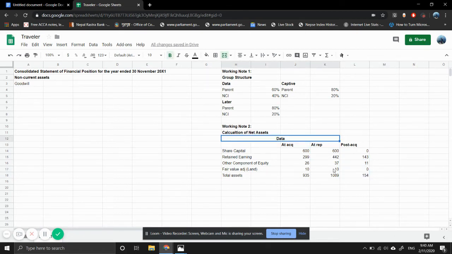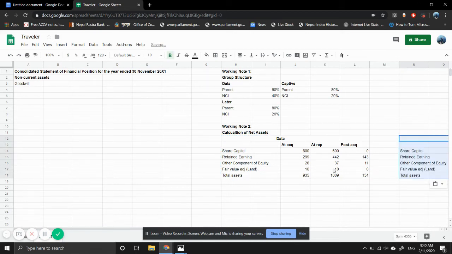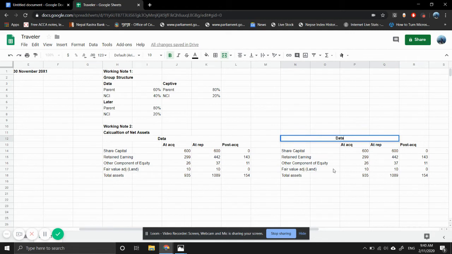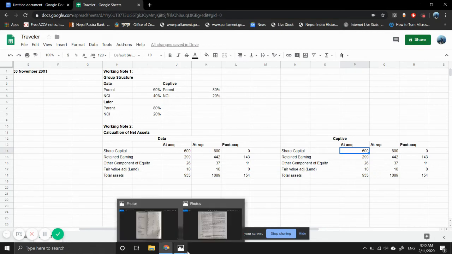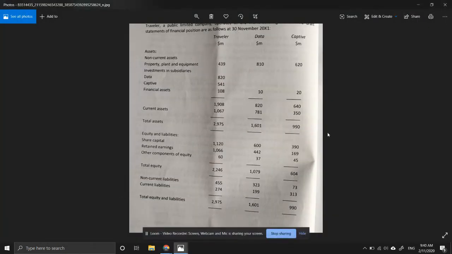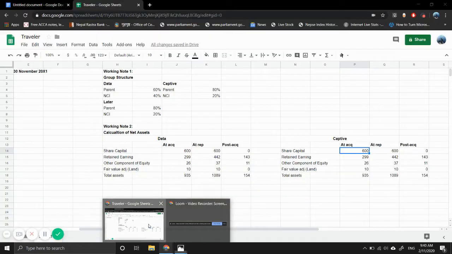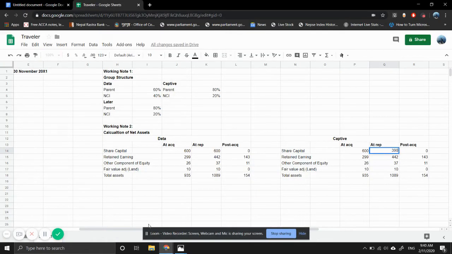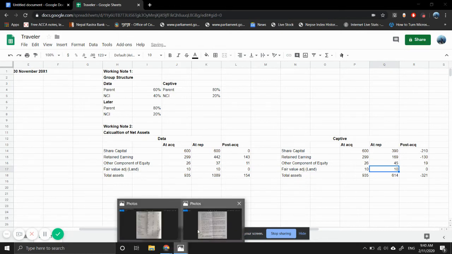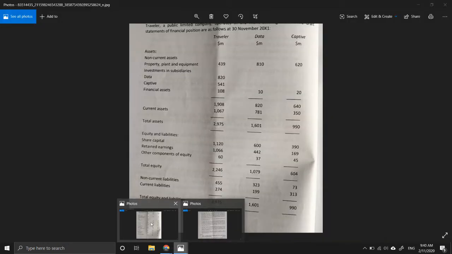So same thing for Captive as well. So what has happened over here? Captive share capital is 390, 169.45, yep.